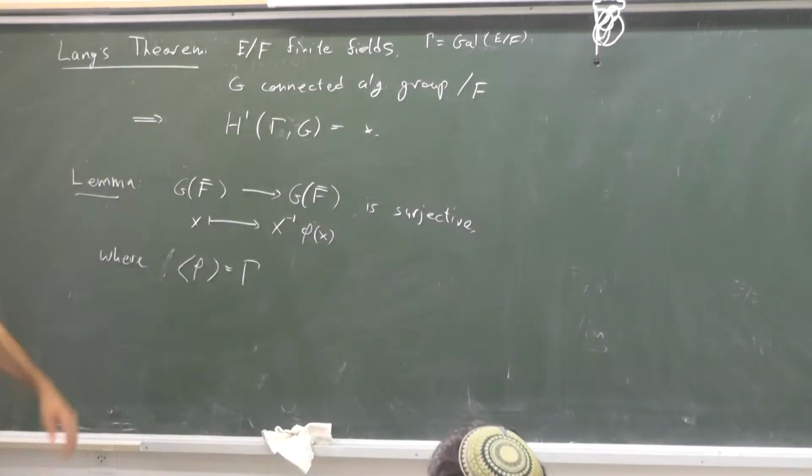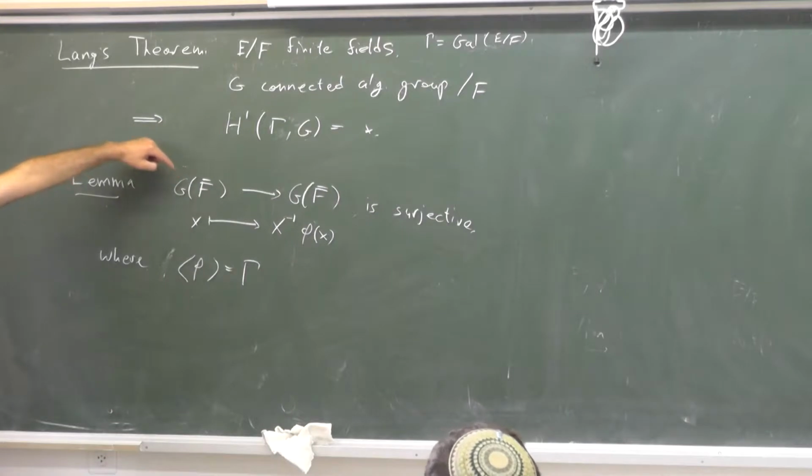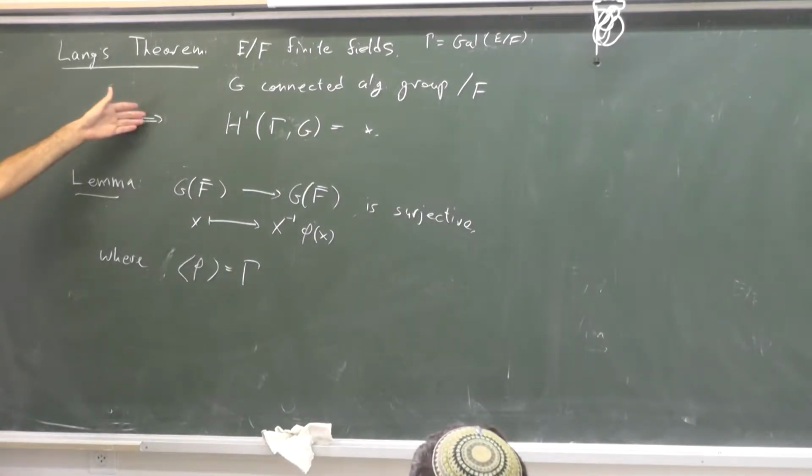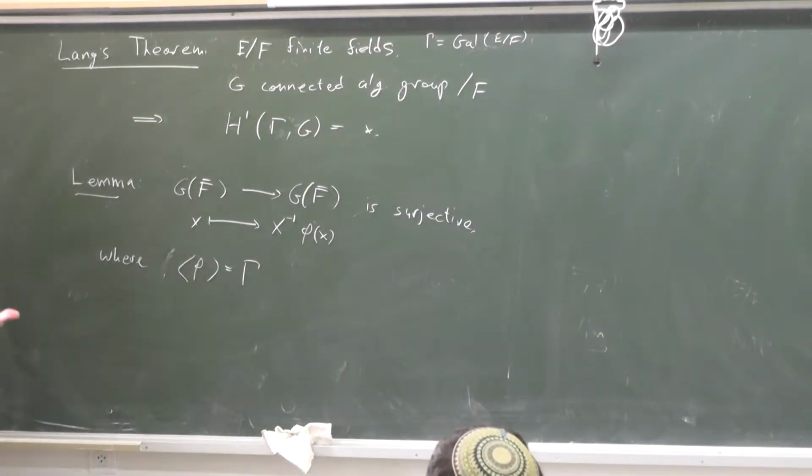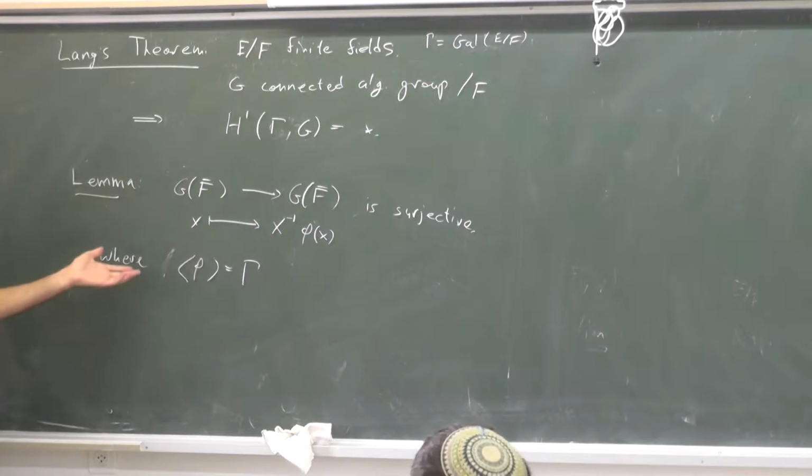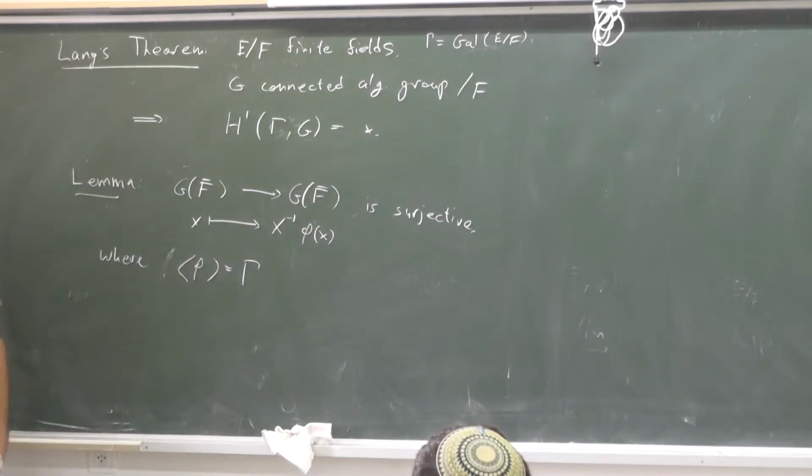Basically, as we know, Galois groups of finite fields are always cyclic. The absolute Galois group is actually generated by the Frobenius map, which is raising things to the power of the characteristic. Right? And so gamma is now, yeah, I changed the notation. Gamma is the Galois group.